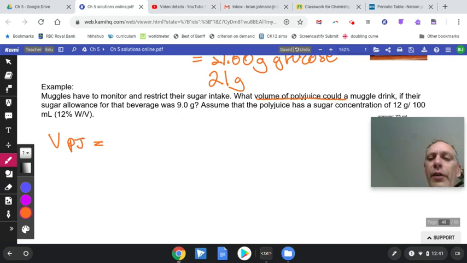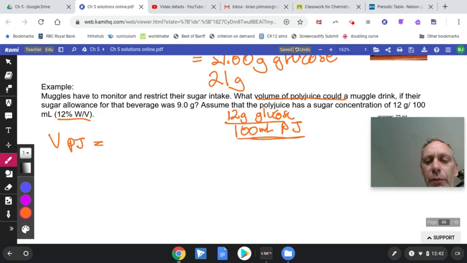Okay, so volume of Polyjuice. I know that I have 12 grams of glucose in every 100 milliliters of Polyjuice. That's what that is telling me. So I am looking for the volume of Polyjuice.